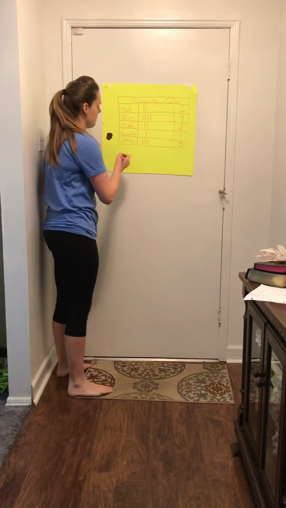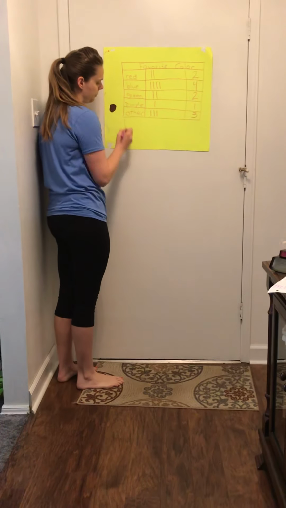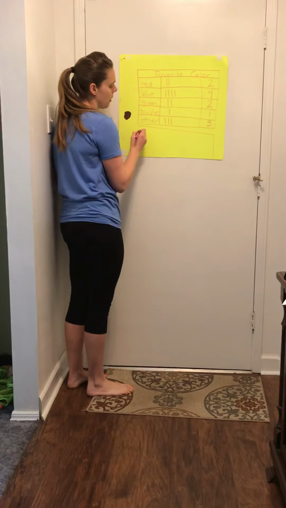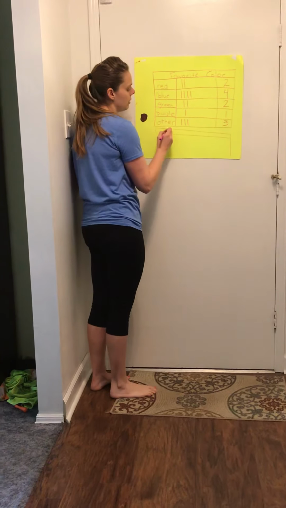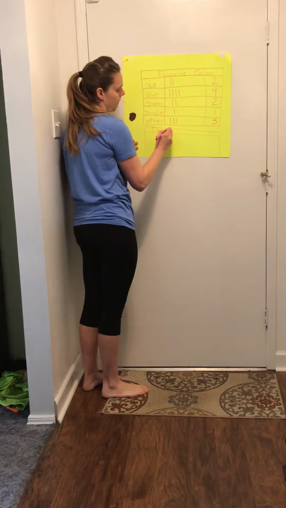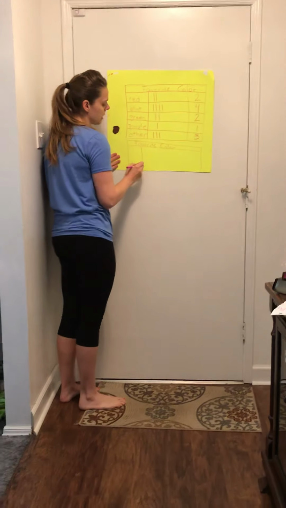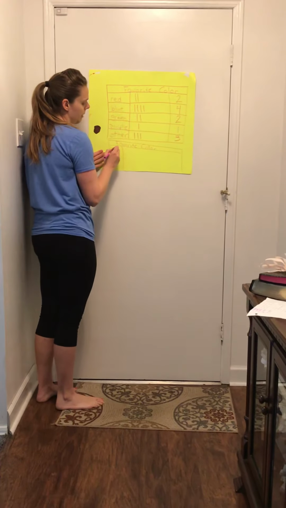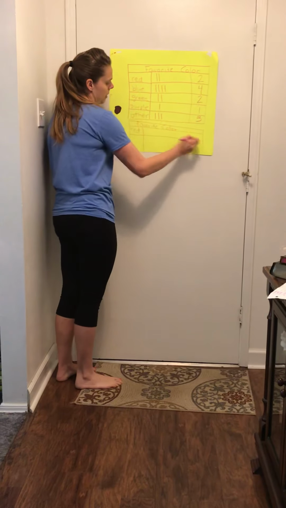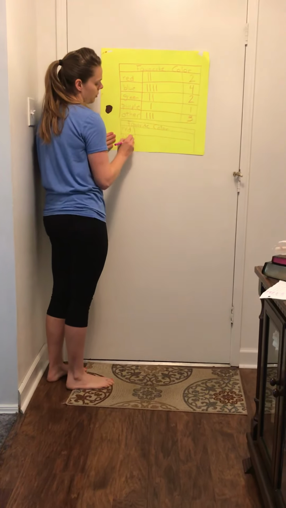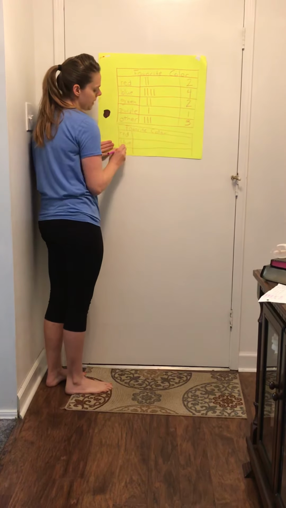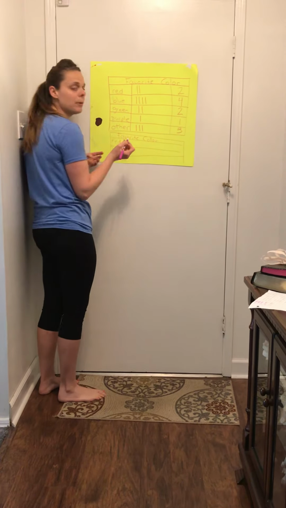Okay? If I wanted to make a picture graph, I'd do it real small. I still need a title. I still need my choices. I'm not going to be able to do all of them. I'll just do the ones I can. But this time, I'm going to draw pictures.